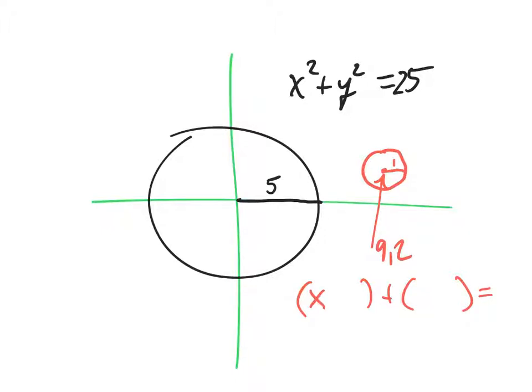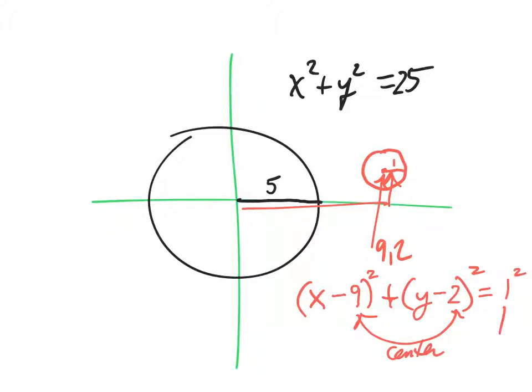X squared plus Y squared is equal to 1 squared. Does that make sense so far? Now how about the fact that I moved it way over here? It's over this far and up that far. Then it means minus 9 and minus 2. There's the center of the circle. And there's the radius.